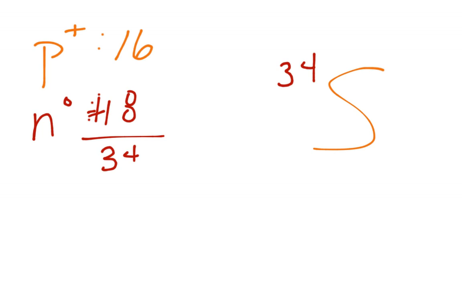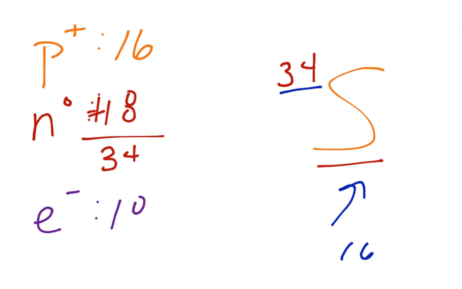So this means that I have a sulfur atom with a mass of 34. Okay, and the mass is the number of protons and neutrons. We know that it has 16 protons because it is sulfur, so we can subtract that to get back to our 18 neutrons. We keep on studying this, and we find that our electrons also number 18.